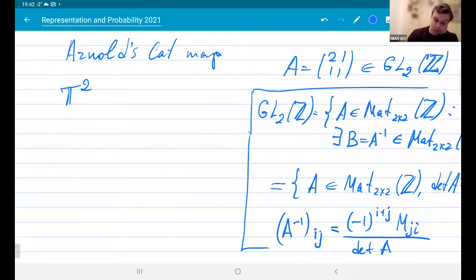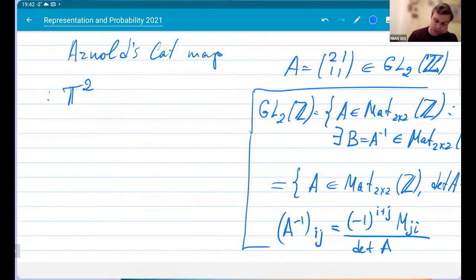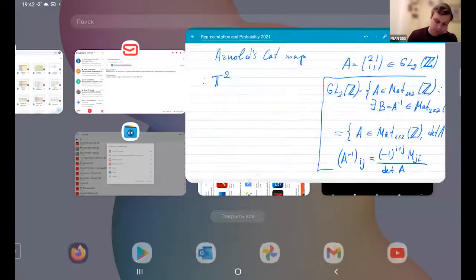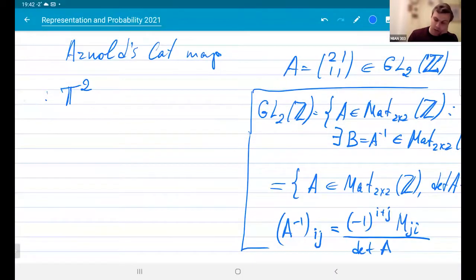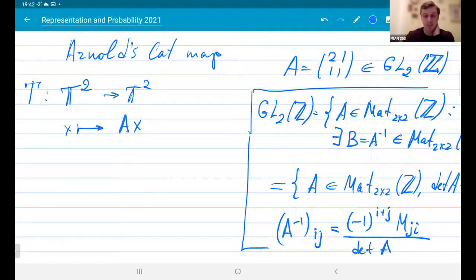And I consider the following map. Let it be T from the torus to itself, such that the point x maps to the point Ax, where A is this matrix. This is a map of the plane, so any vector x maps to Ax, just a linear map on the plane.